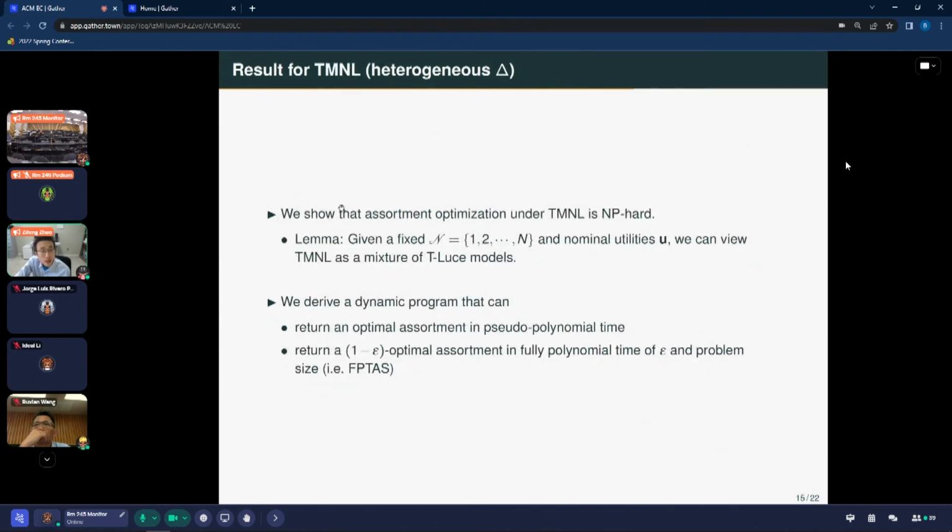Then things change for the TML model. We first show that under the newly proposed TML model, assortment optimization is NP-hard, so it cannot be solved efficiently.